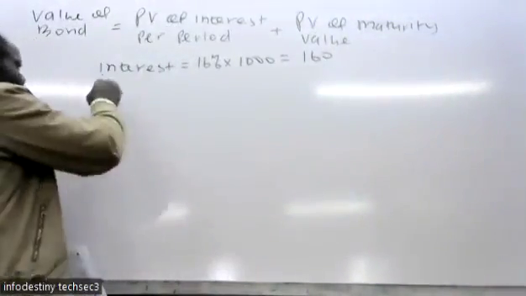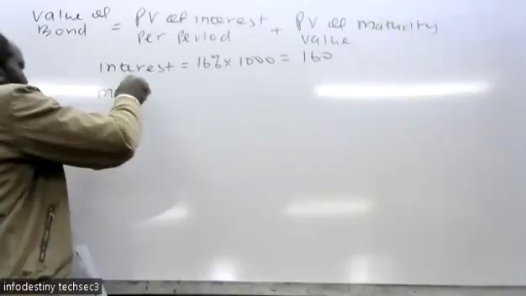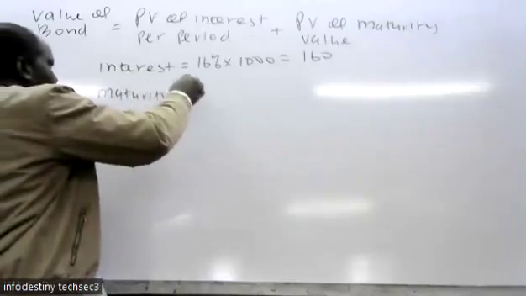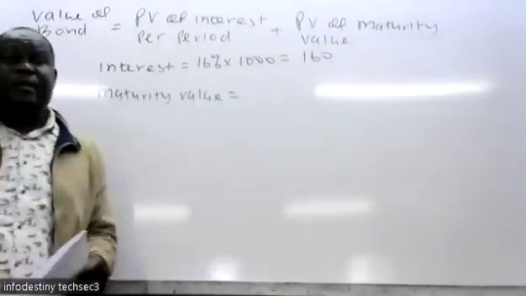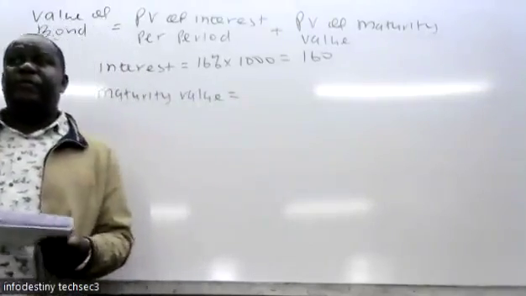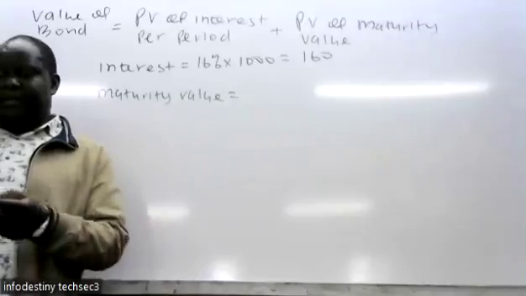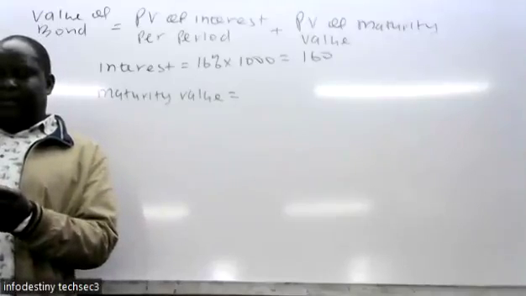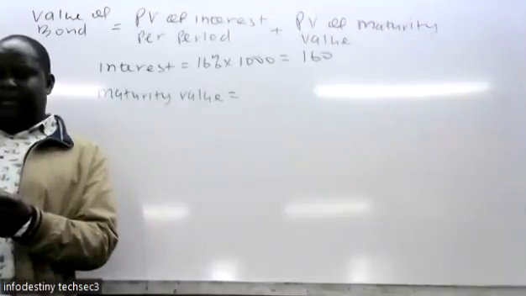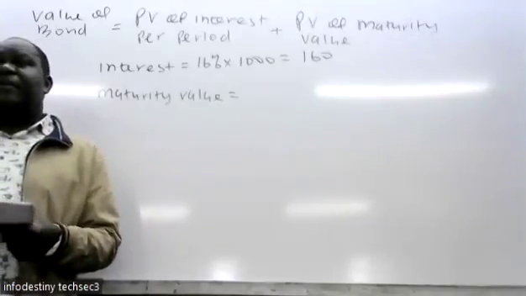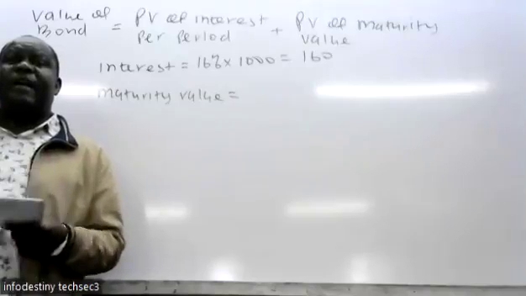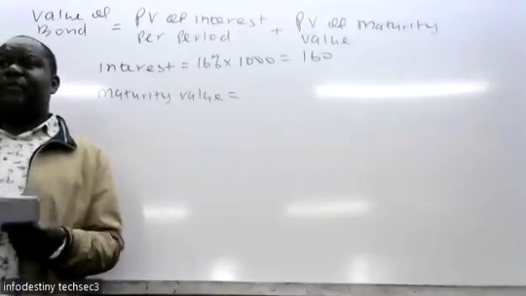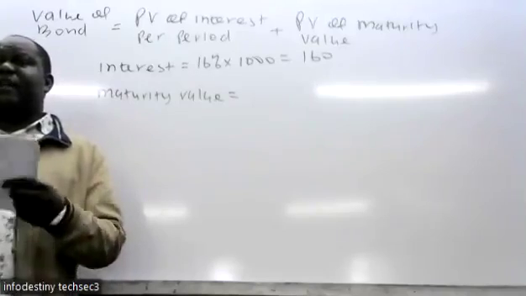Then we also compute the maturity value. This bond was redeemable. They have said that the bond will be redeemed at a 20% premium. A premium is an increase in the value of the bond, while a discount is a decrease.